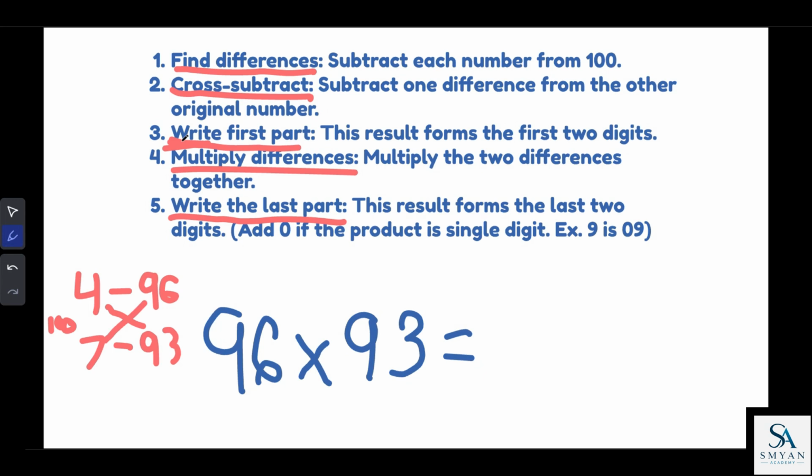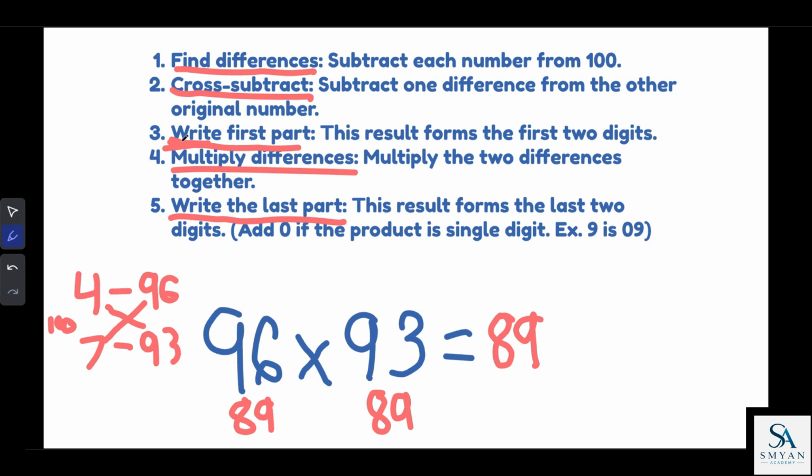So you do 96 minus 7, which gives you 89, and you do 93 minus 4, which also gives you 89. You see, this is why I said that it doesn't matter which one you choose. You could do a cross subtract with one number or the other. So you get 89. Well, that's the first part of the answer.